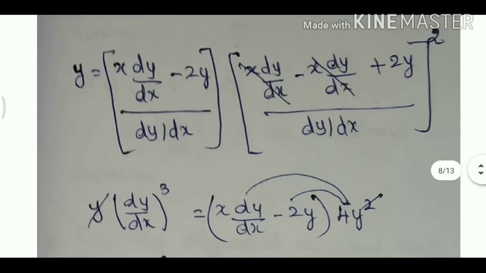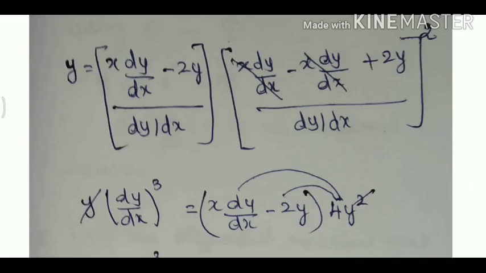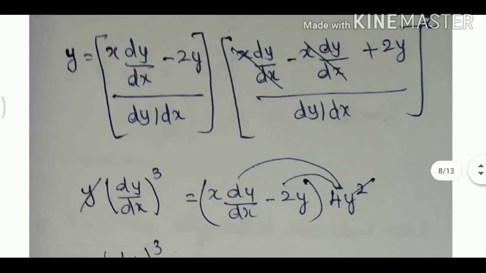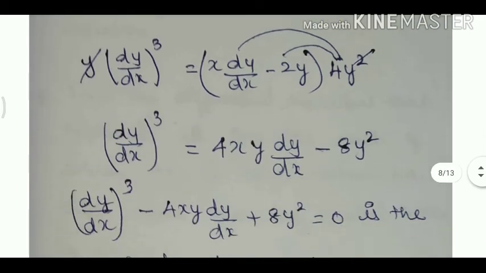After elimination, you are getting (dy/dx)³ = 4xy dy/dx − 8y². Taking all the elements to one side, we are getting (dy/dx)³ − 4xy dy/dx + 8y² = 0, which is the required differential equation.